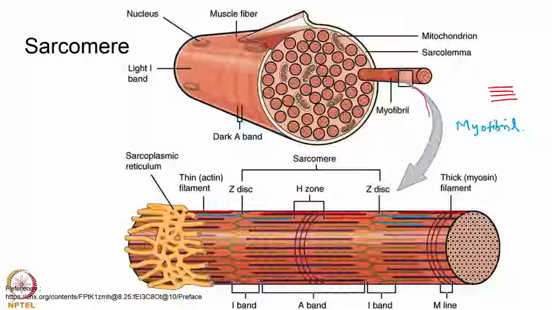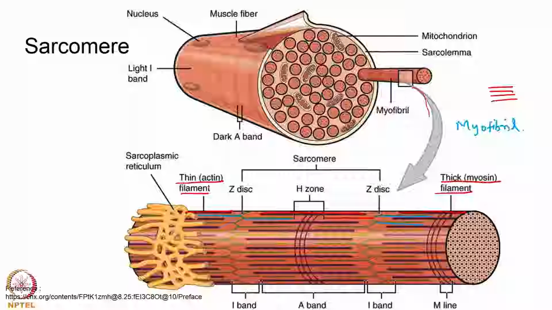Okay. Now, what do these thick and thin bands signify? That is the question. It turns out that the bands are composed of two kinds of filaments, basically the thick filament, myosin, and the thin filament, actin.